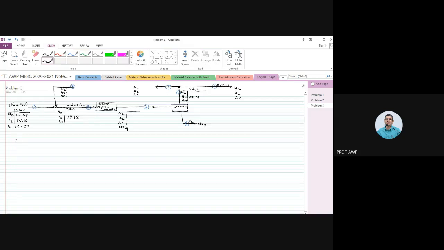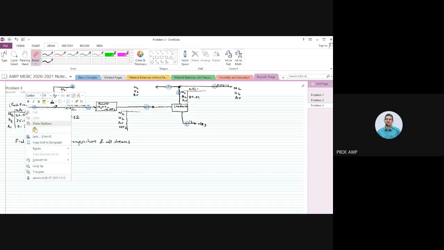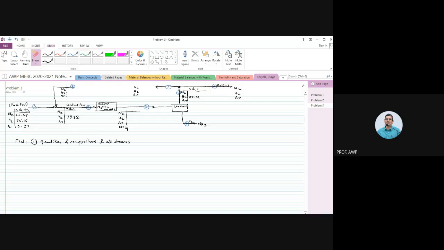Here is what you need to find. Find quantities and compositions of all streams. You can take basis as 100 moles of the fresh feed. So if you want to write in terms of moles, we can take basis as 100 moles of the fresh feed. Right.